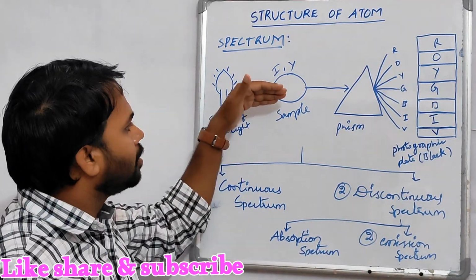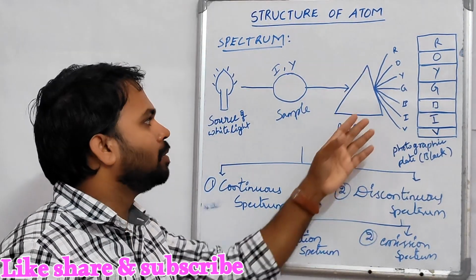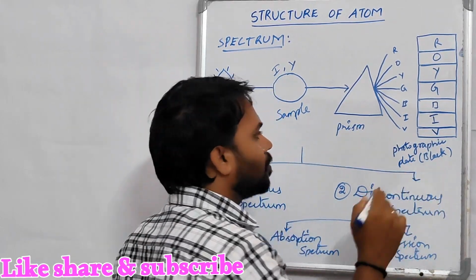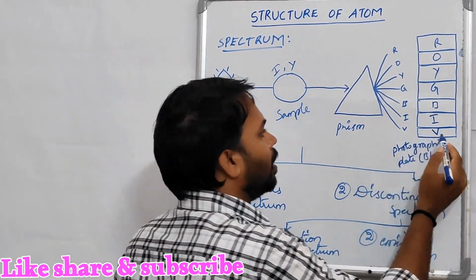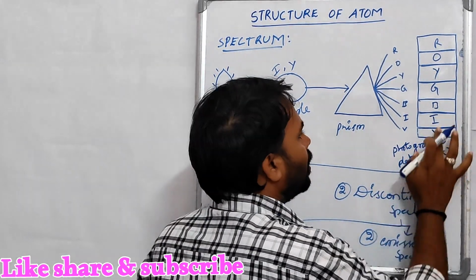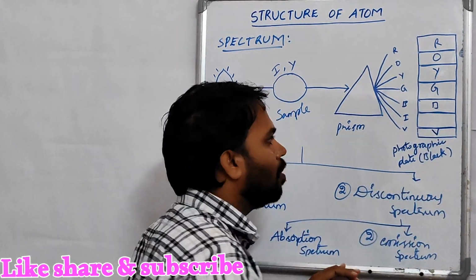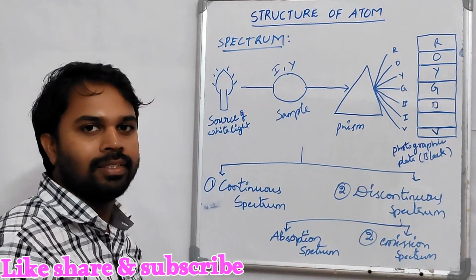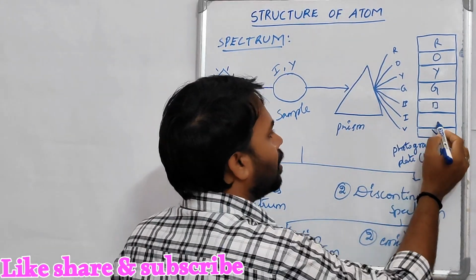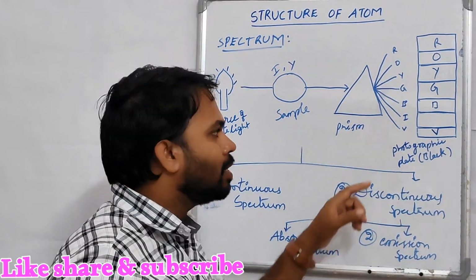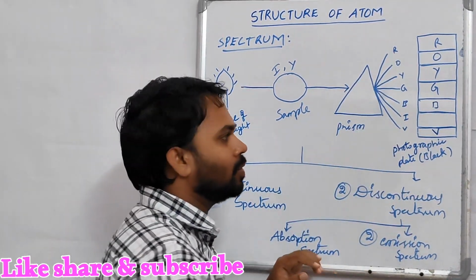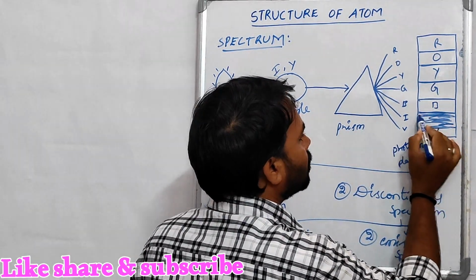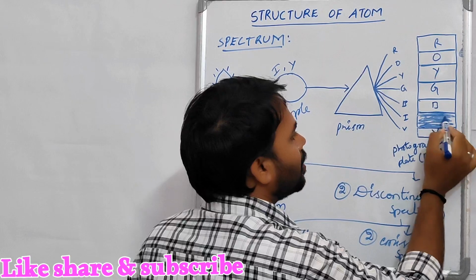After that, this light passes through the prism and splits into colors. Now, this plate shows violet here. In the place of indigo, there is no indigo here because that indigo radiation is absorbed by the sample. Now it's showing empty space. Initially this plate is black in color, so here it shows black, which means empty space.